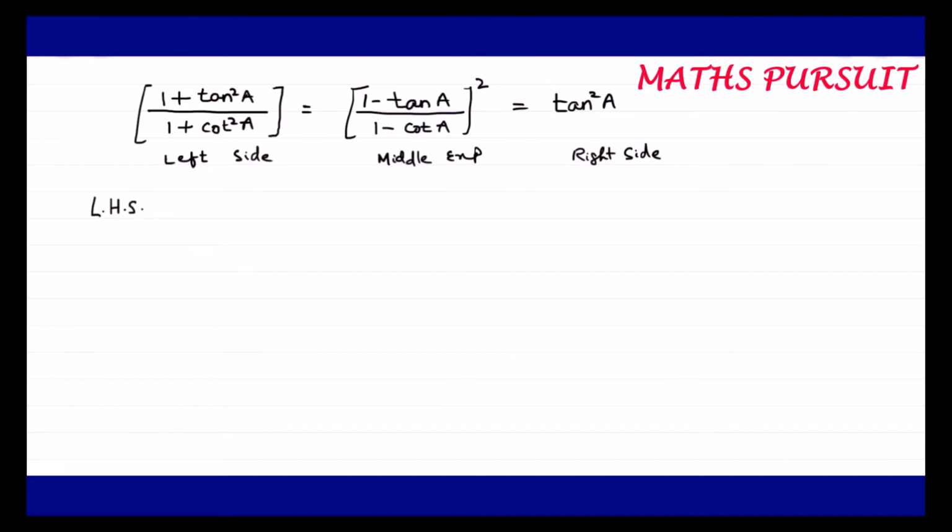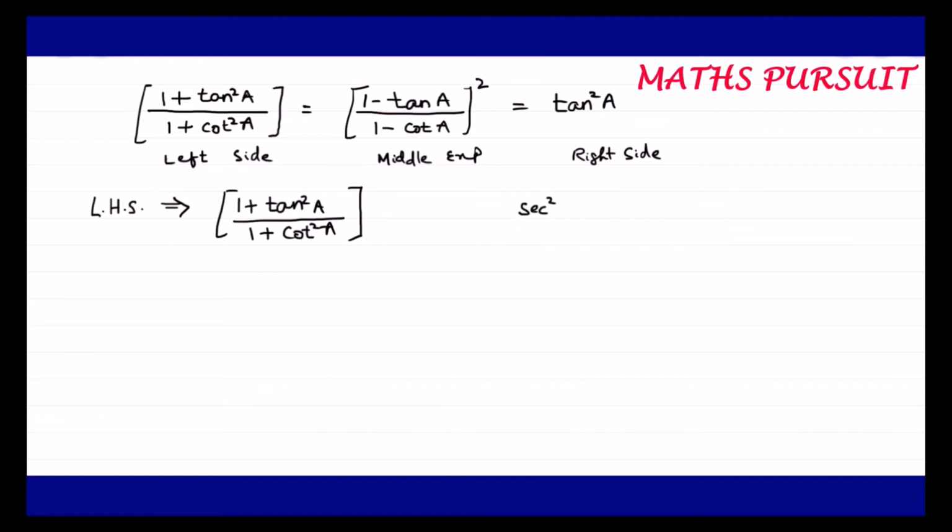So the left side of the equation is given by 1 plus tan square A upon 1 plus cot square A. Now we very well know the expressions involving sec and tan, let me write it down.